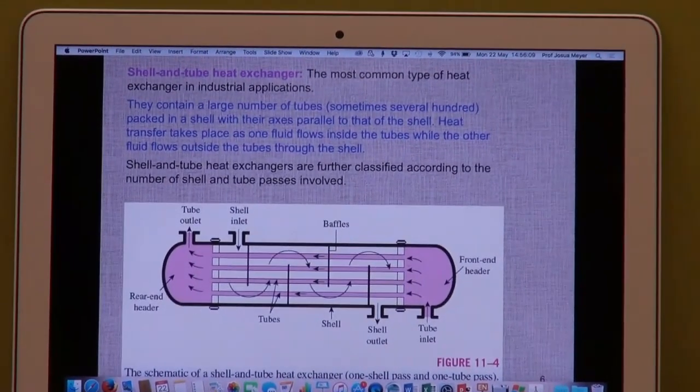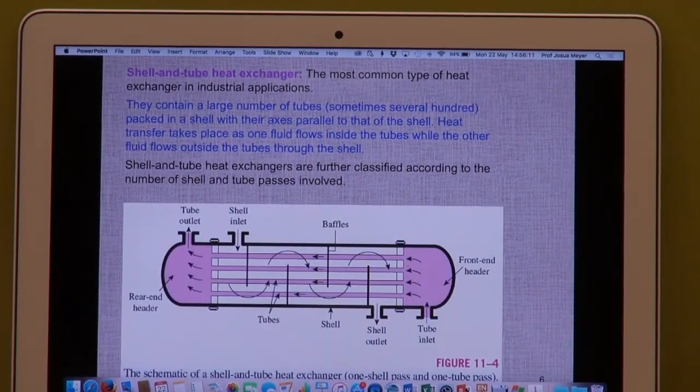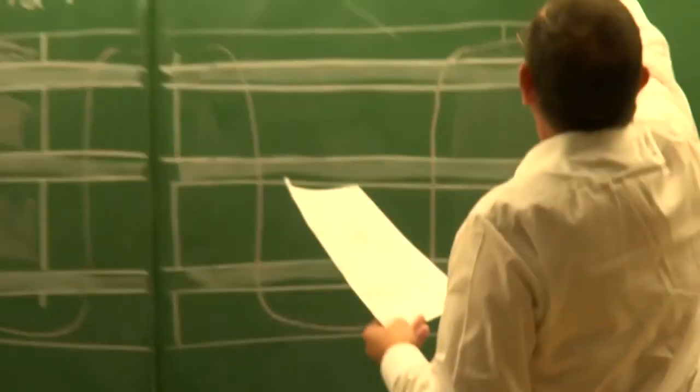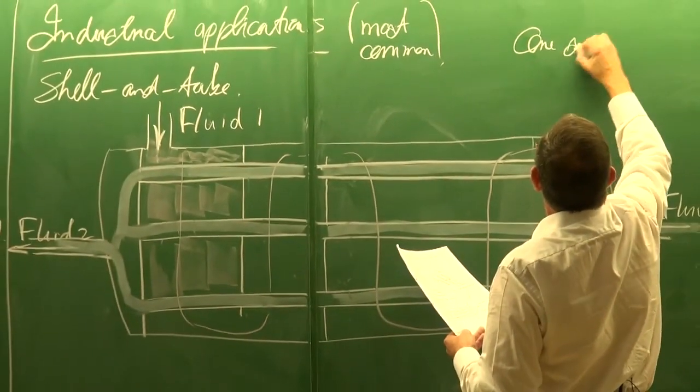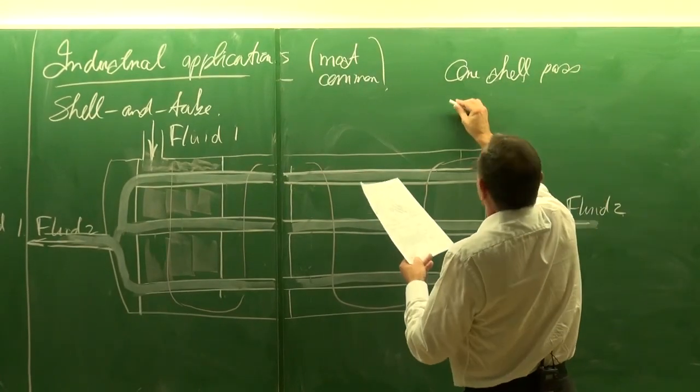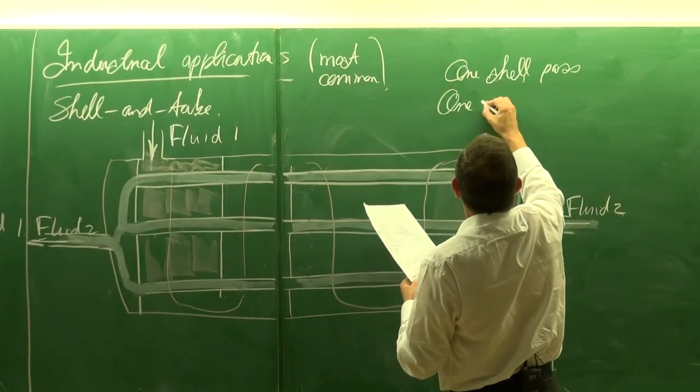Now you can start doing very interesting things where we start talking of a one shell pass and a one tube pass or two tube passes and two shell pass heat exchanger. And now you're going to ask me, what is this? Well, this would now be a one shell pass heat exchanger. One shell pass and a one tube pass.